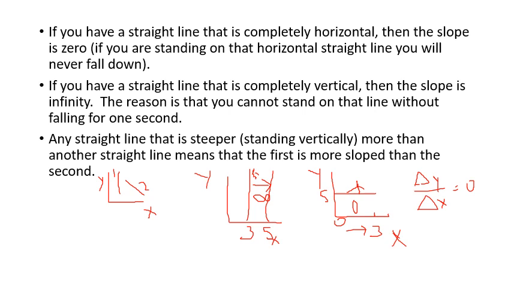Steeper means more upright than line 2. Here, the slope of line 1 is more than the slope of line 2. So any straight line that is steeper, standing more vertically than another straight line, means that the first is more sloped than the second. Imagine yourself standing here, you will fall faster compared to yourself when you are standing here.